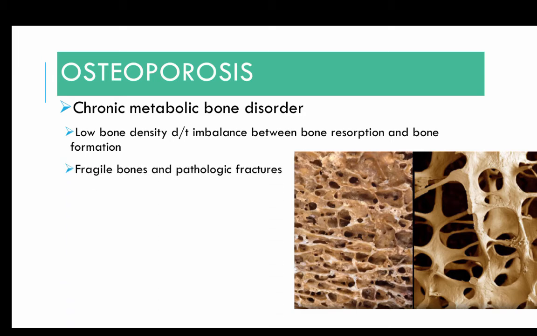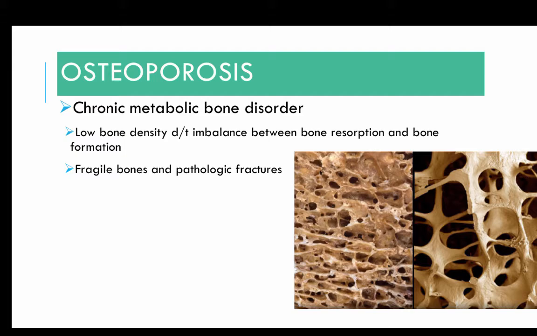Okay, so one of the things that happens with osteoporosis is the bones become very fragile, and even slight injuries and sometimes no trauma at all can lead to what we call a pathologic fracture. And a pathologic fracture means that it occurs when the trauma or the injury isn't expected to cause the damage.